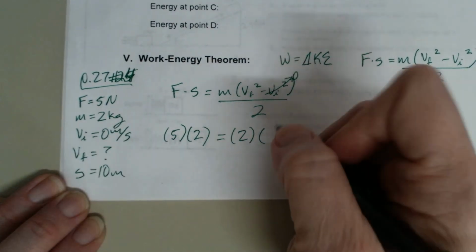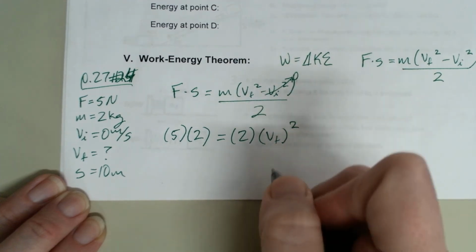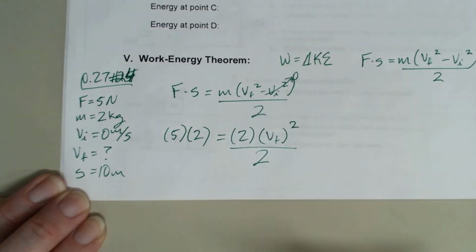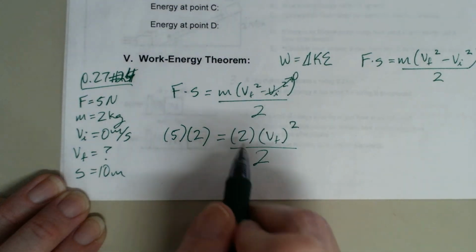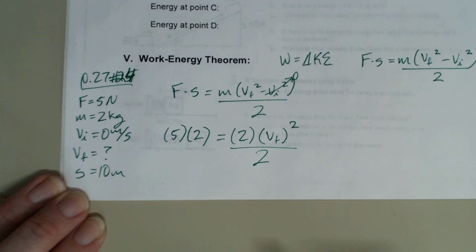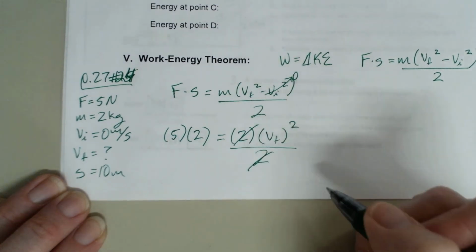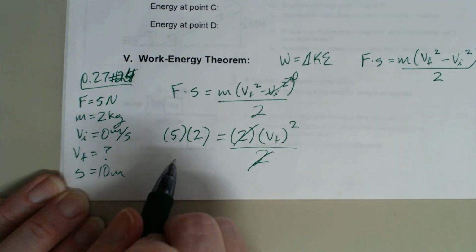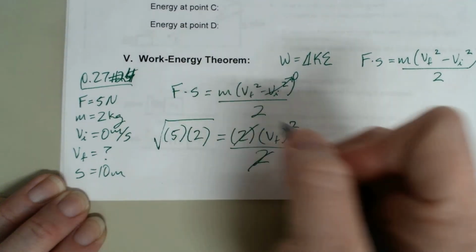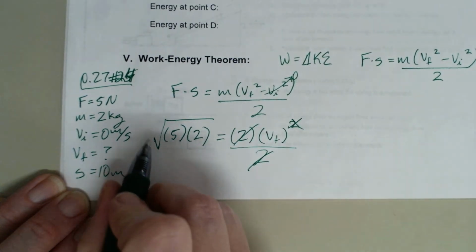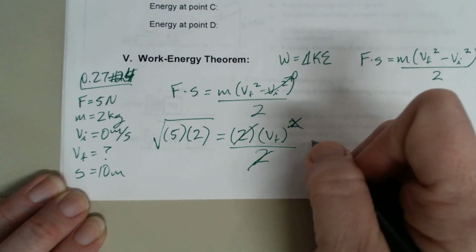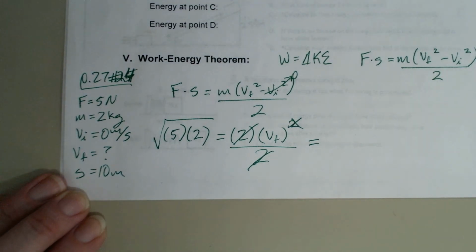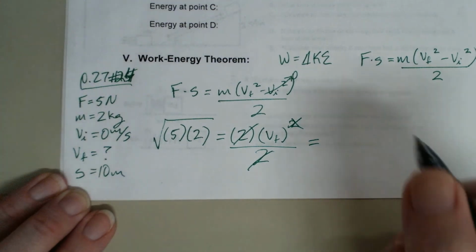Your V final is what you're looking for, but it's still squared, over 2, because 2 is in the equation. So look at that. 2 over 2 equals 1, right? It cancels. And then if you're looking for just V final, what do you do to the whole other side? Square root. So you square root to get rid of that square. So V final is equal to the square root of 5 times 2. Okay? That's 10, by the way. So the square root of 10 is 3.16.